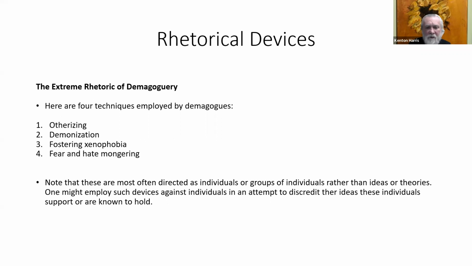So note that these are often directed at individuals or groups of individuals rather than at ideas or theories. One might employ these rhetorical devices of demagoguery in an attempt to discredit the ideas of the individuals who support these ideas or are known to hold those ideas.